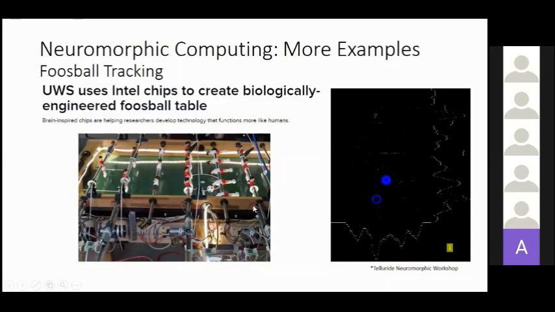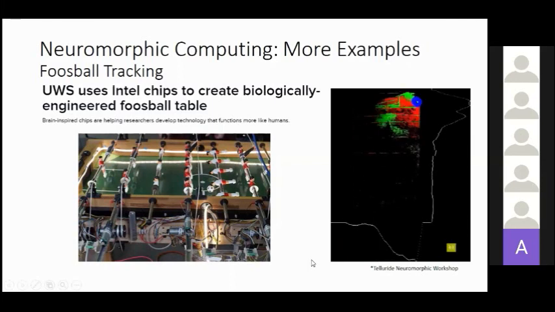This is a different example where we have this foosball. You can see my pointer, right? Yeah. So we have this foosball field, and it is trying to track the ball in the field right here in this video.